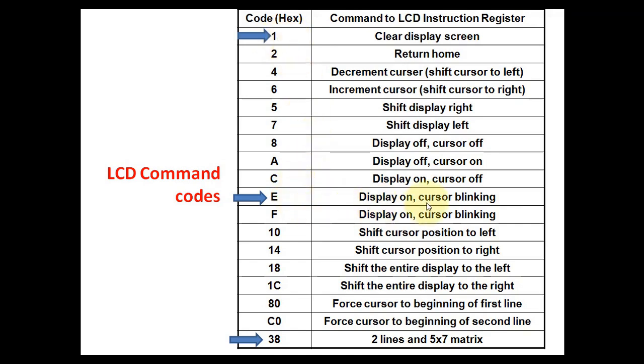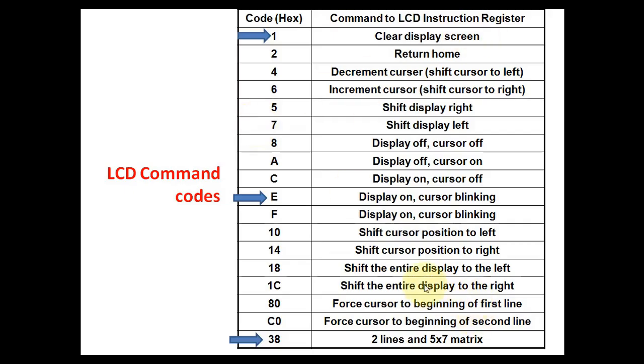If you want the display on, we have to send the 0E value. Similarly, if you want 2 lines and a 5 by 7 matrix, you have to send 38H to the command code register of the LCD.